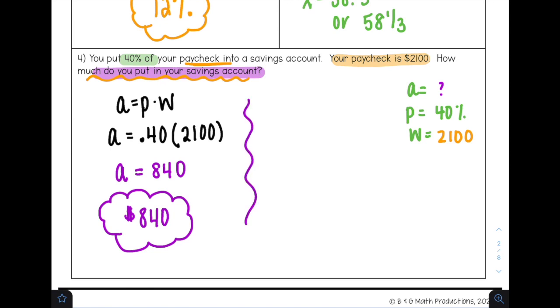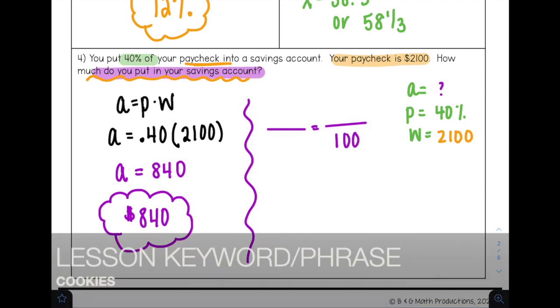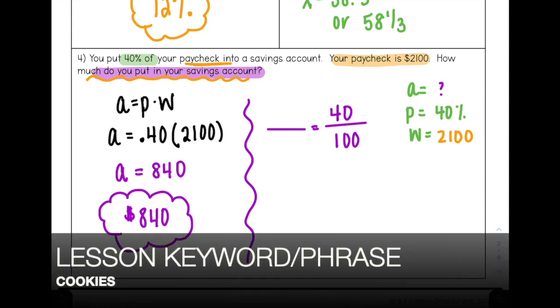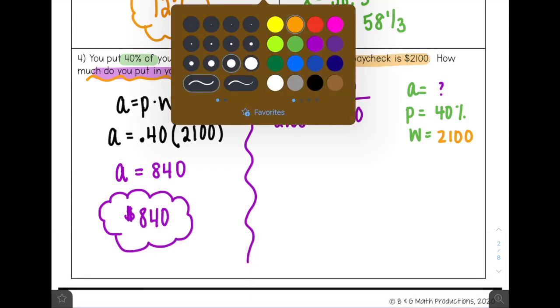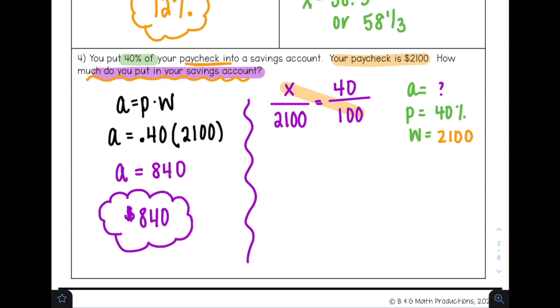If you wanted to see it with proportions, you would set up your proportions. You would have 100. You would have your 40%. You don't know the part, and you know the total is your 2,100. We're going to cross multiply here.